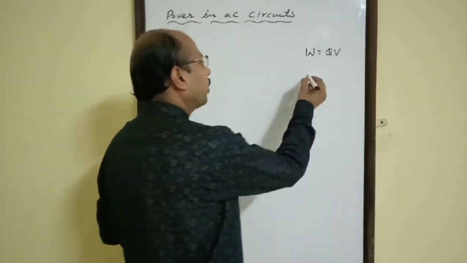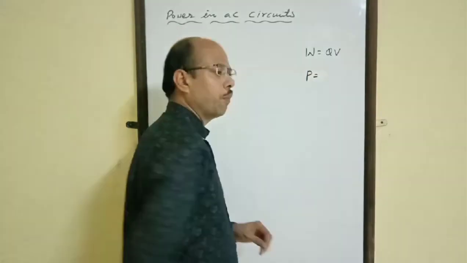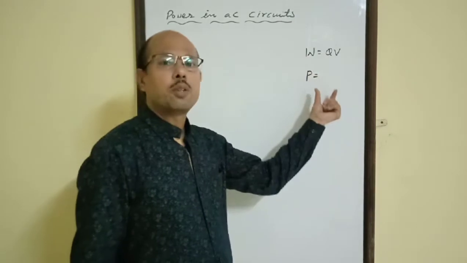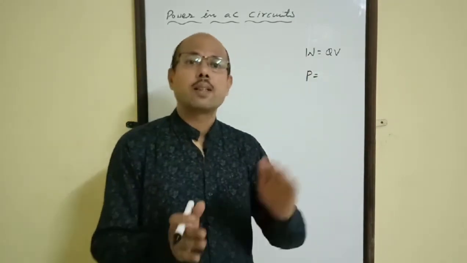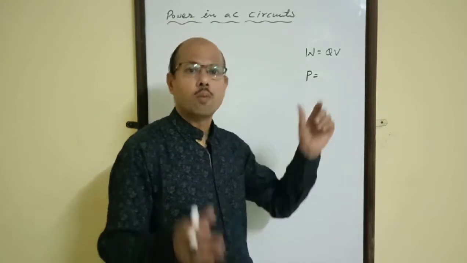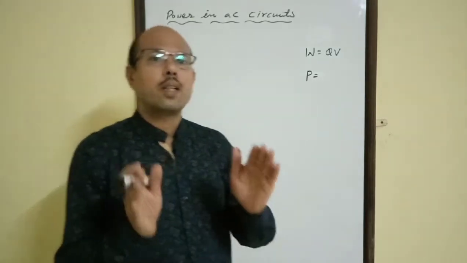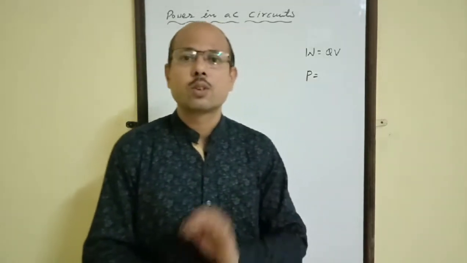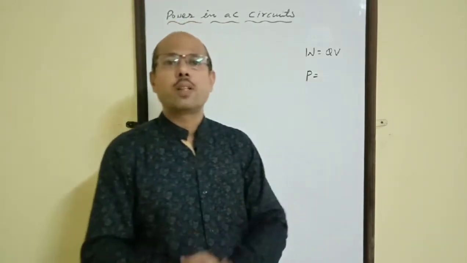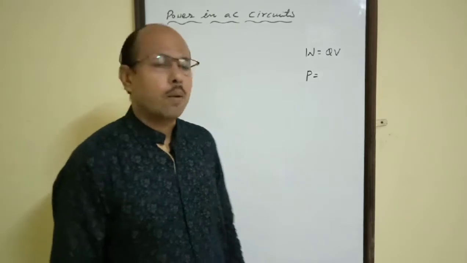But when we have to write power in current, it means work done per unit time in maintaining the current through the circuit is defined as power. Or we can say energy consumed per unit time is defined as power.